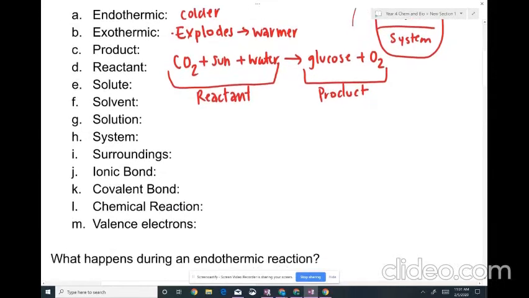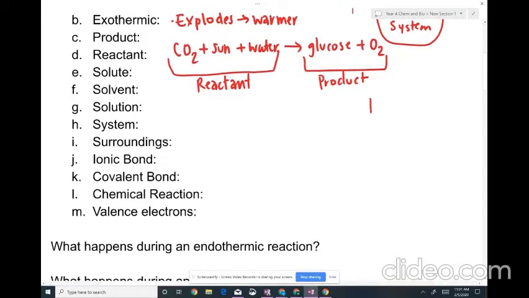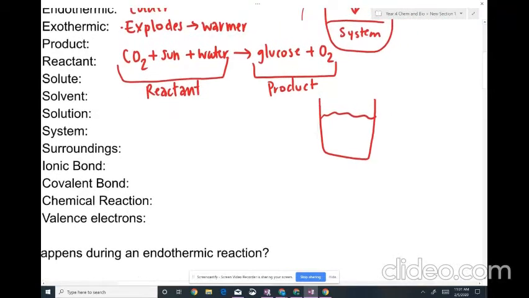Okay. The next thing is going to be solute and solvent. So you have to think about this. If I have a cup and it has some water in it, the water that I start with is going to be my solvent.